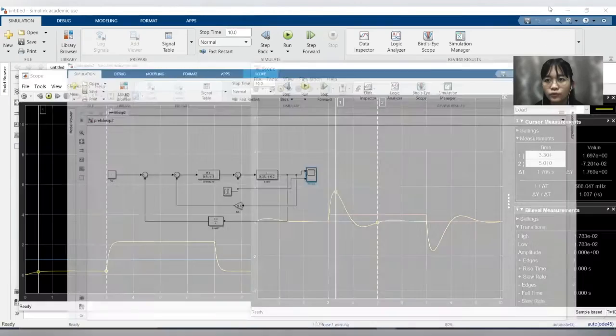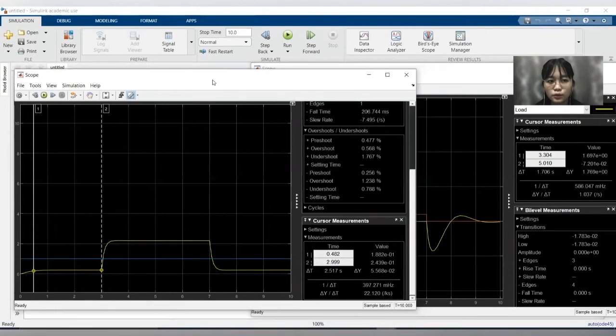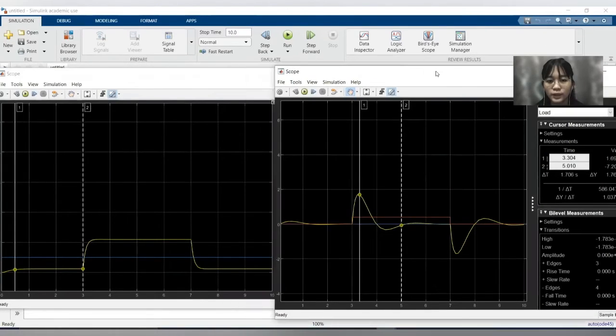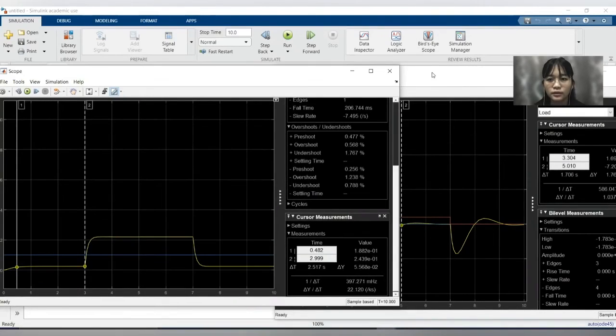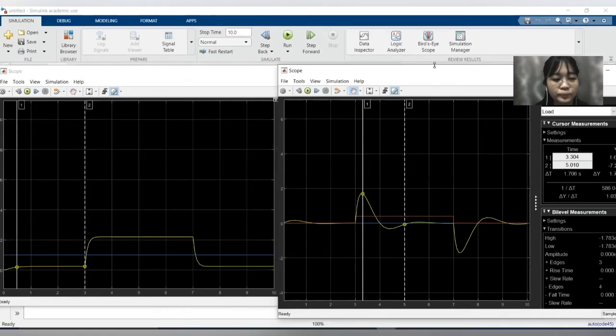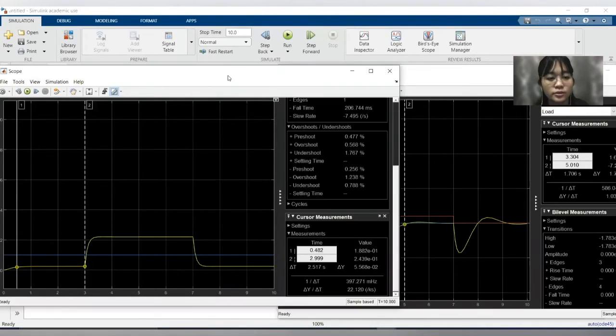From these two outputs, we can see that there is a difference between them. A feed-forward control system passes the signal to some external node and rejects the disturbance before it affects the control variable.